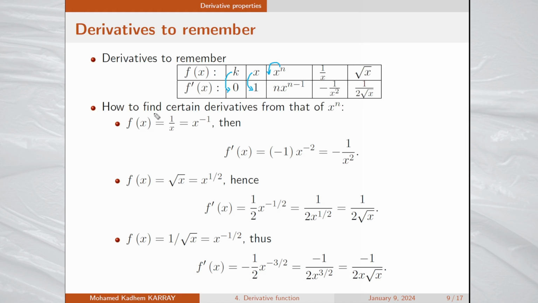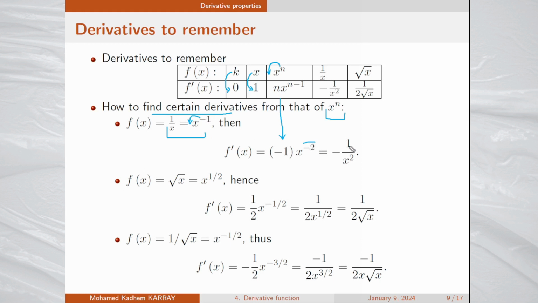Observe that we can find certain derivatives from that of the power x to the power n. For example, 1 over x may be written as x to the power minus 1. So the derivative may be found by applying this formula, which gives minus 1 multiplied by x to the power minus 2.